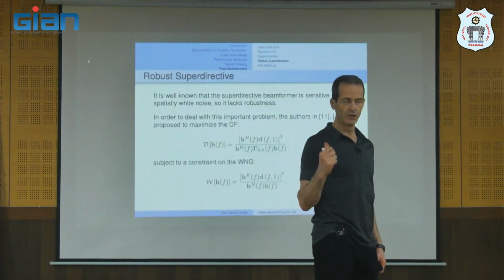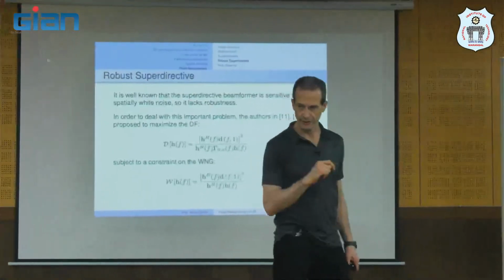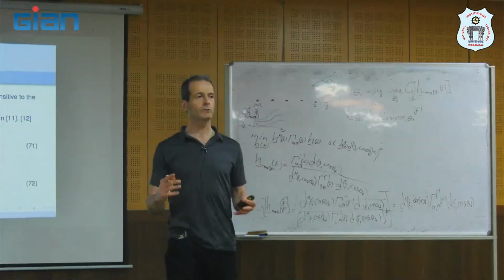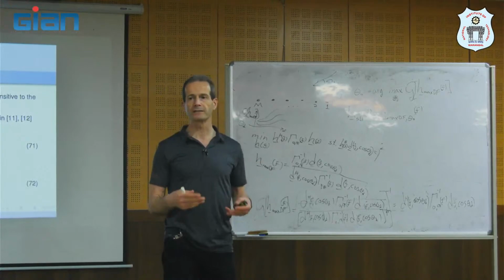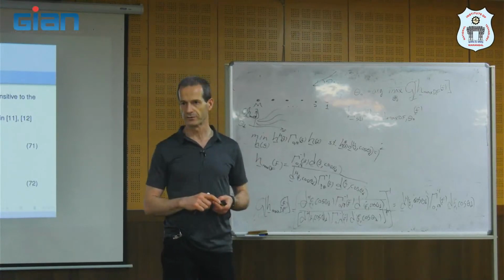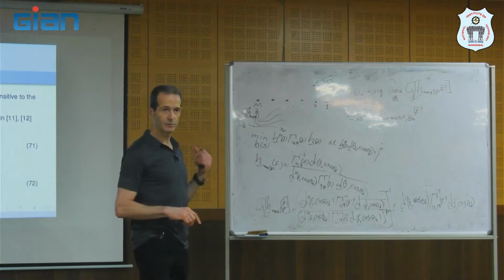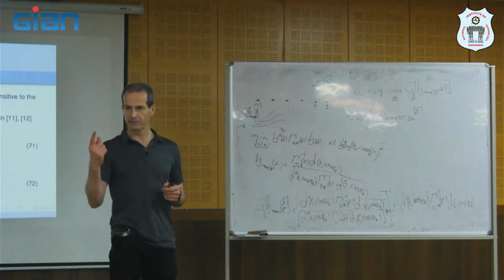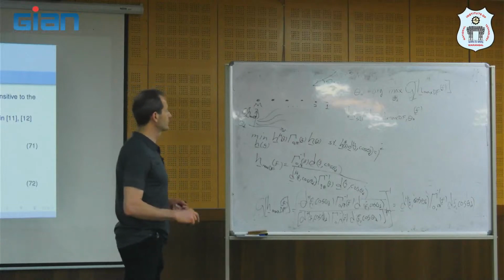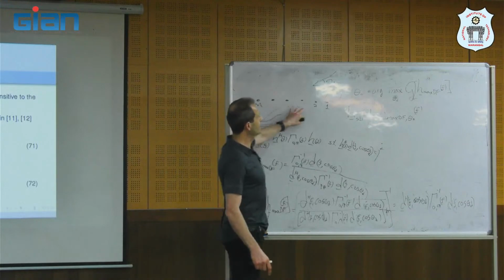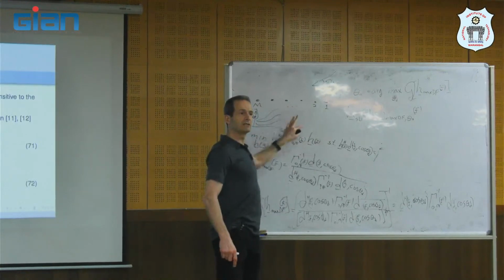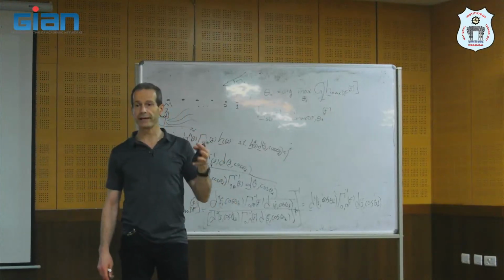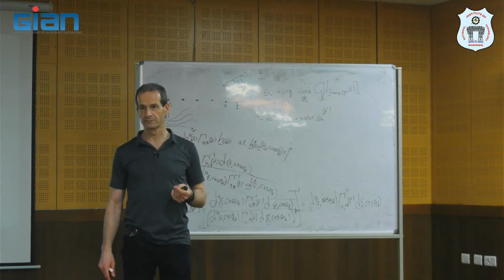So robust super directive can be robust relative to a few things. When you talk about robustness, it means robustness regarding some errors. The errors I'm going to talk about are errors in the environment. The super directive beamformer is designed to maximize the array gain for diffuse noise.